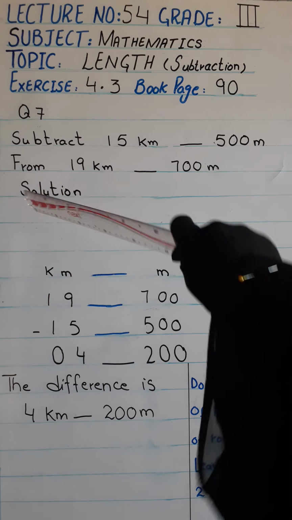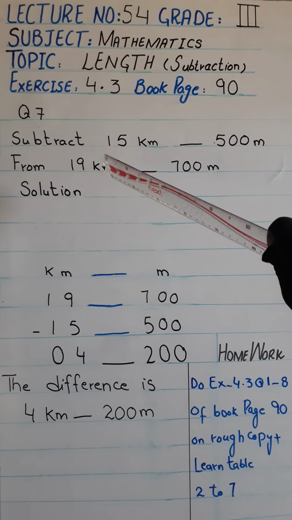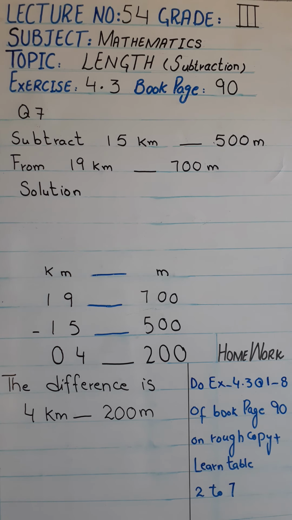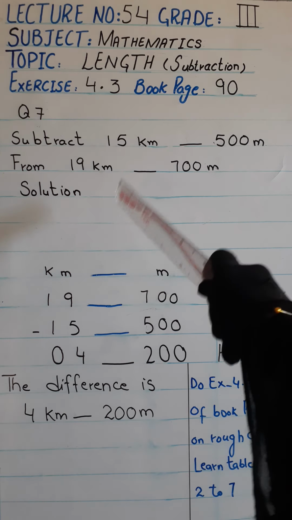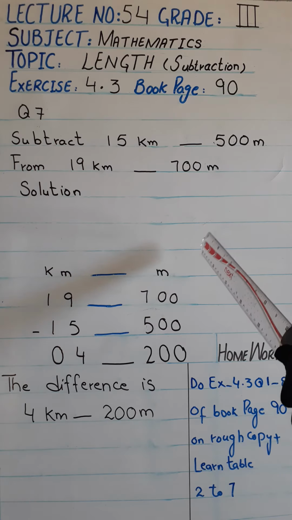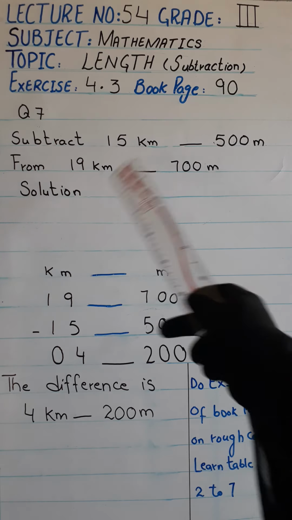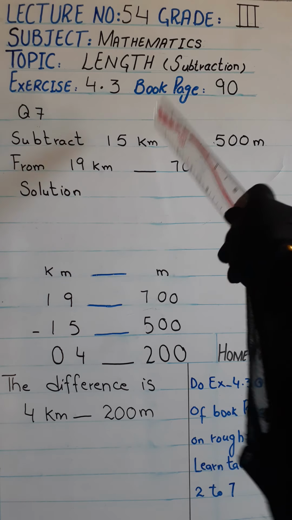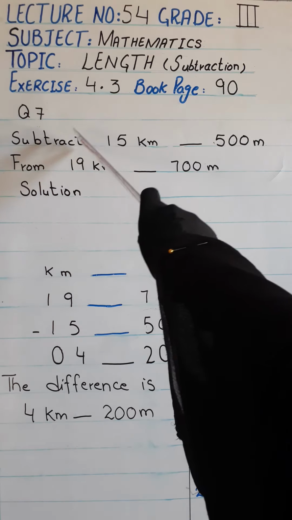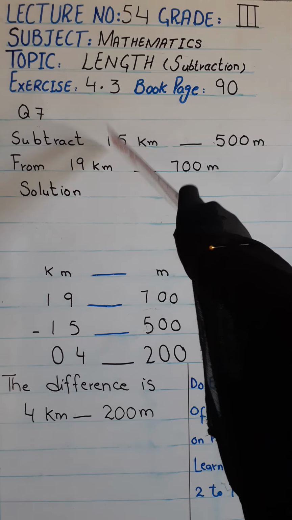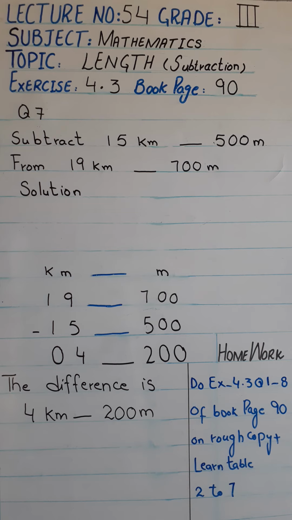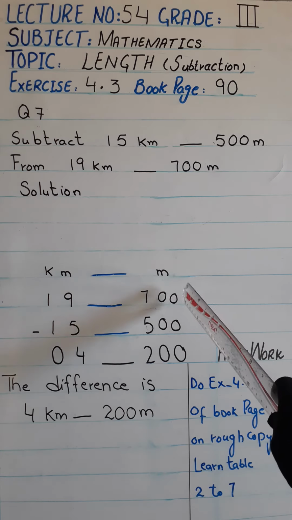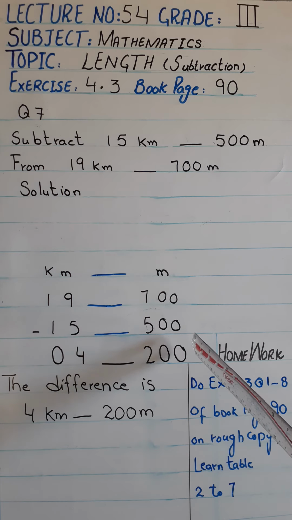Write the second number first, because its units are greater, and subtract this one. The minus sign is here. Clear? First write this number, then subtract this other number.